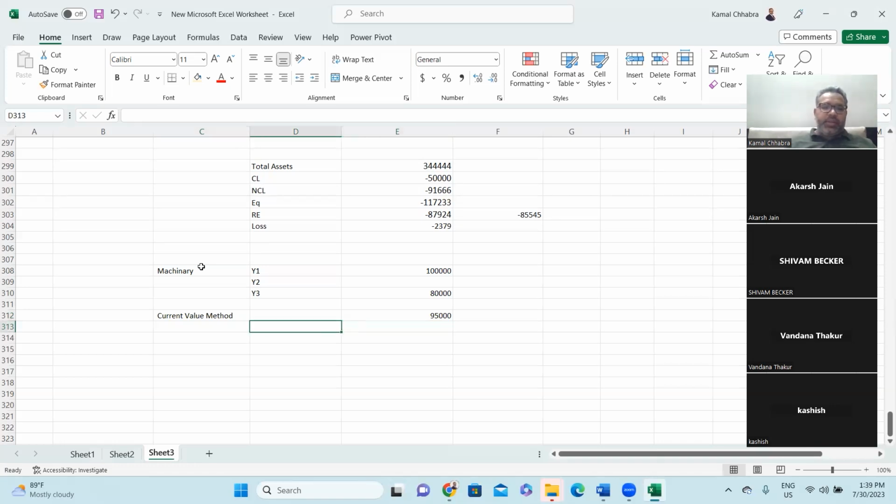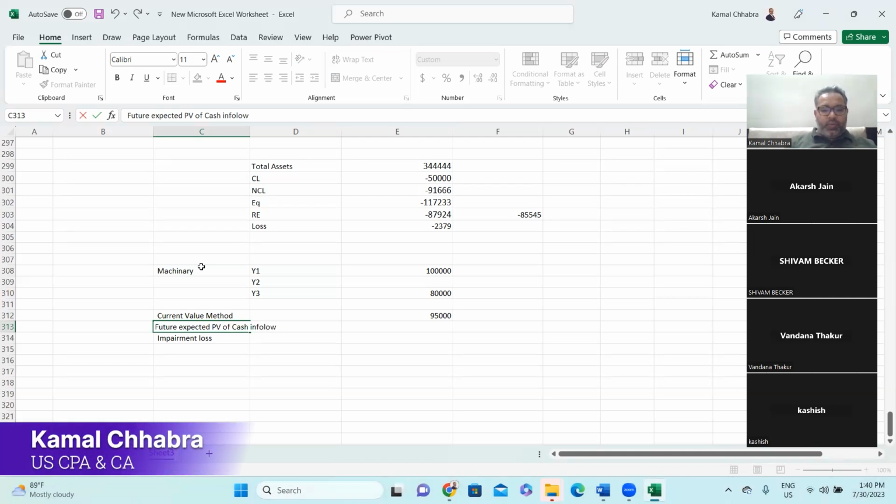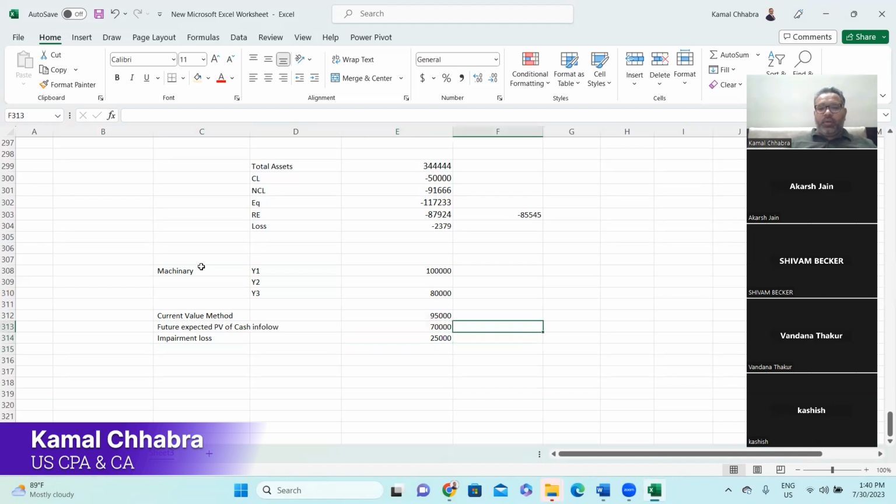Now what they are saying is, if there is an impairment loss, how do you calculate it? If the expected present value of future cash flow from the machinery is, let's say, $70,000, you need to calculate this impairment loss on this amount, not on the other amount, because you are reflecting $95,000 as the gross value.